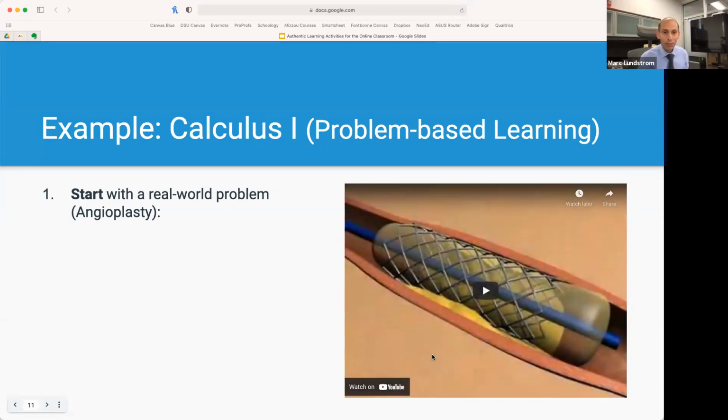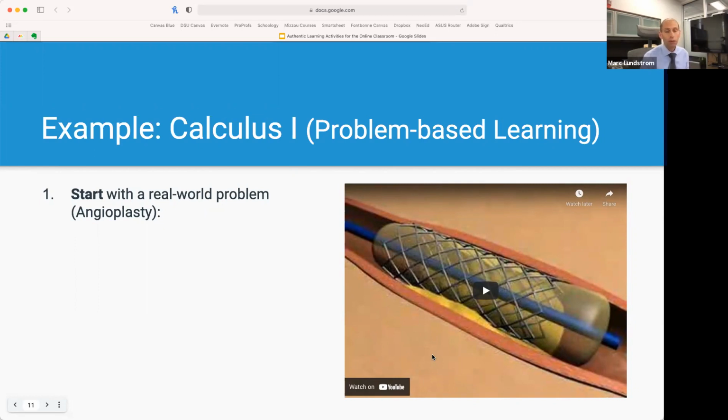The balloon there inflates with water, actually, and expands the area within the blood vessel that is constrained, which of course increases the flow. The balloon deflates, and then they're able to pull that out while the stent stays in there. So that was the problem that they were given.